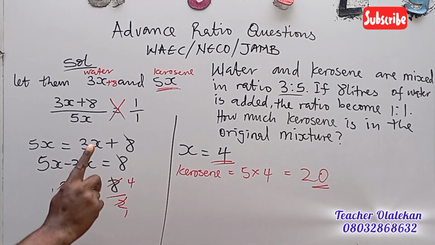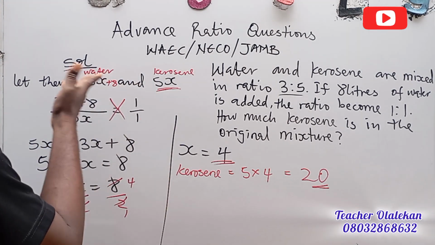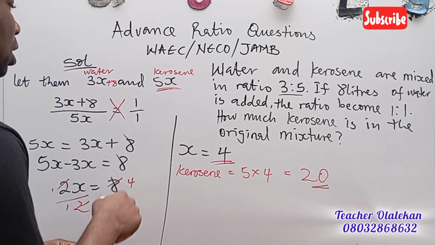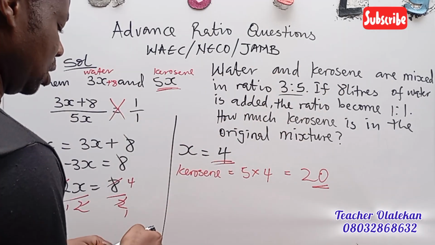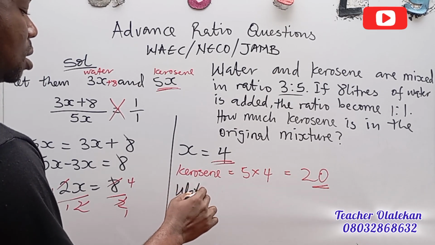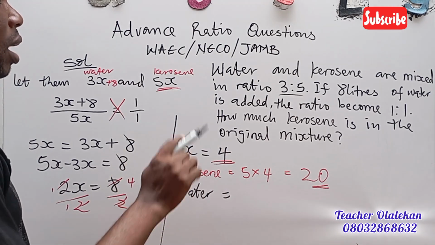But to check if our answer is correct, 8 liters is added to the water. So let's see what amount of water we have, so that we see if the ratio is going to give us 1:1.